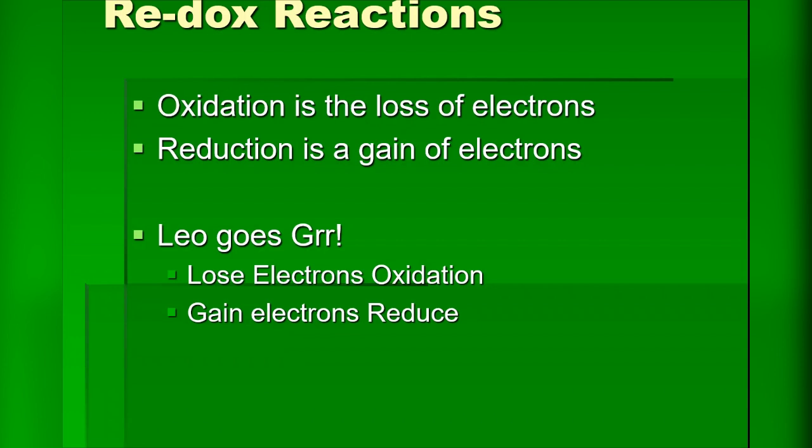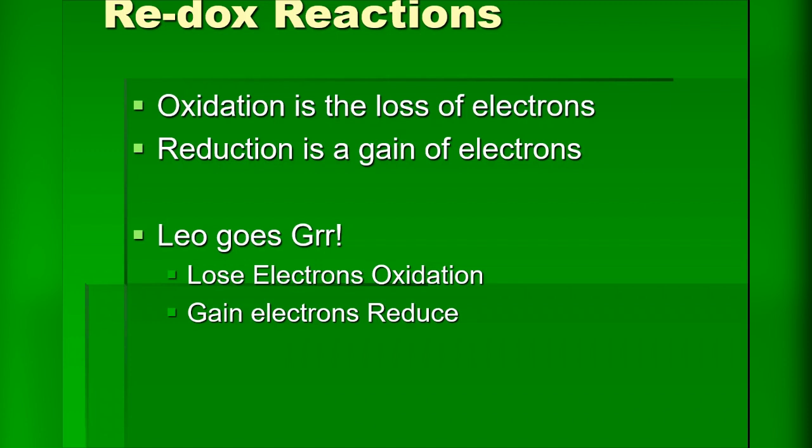Oxidation is the loss of electrons. If during a chemical reaction you see an electron is lost from a compound, it means oxidation is taking place. If you see there is a gain of electrons in any compound or molecule, it means reduction is taking place.